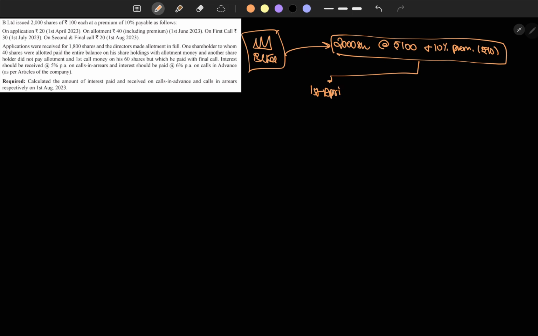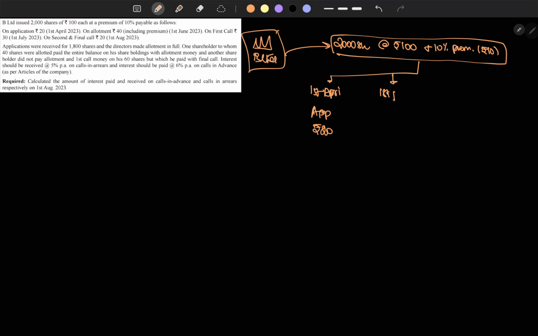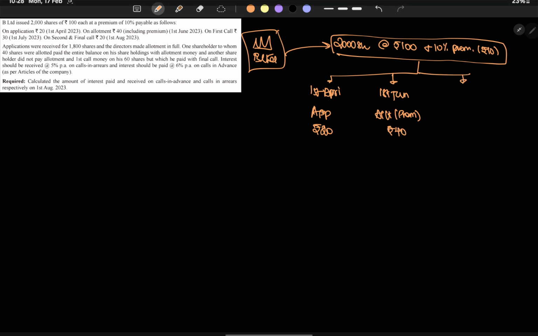On 1st April, application rupees 20. On 1st June, allotment including premium rupees 40. On 1st July, first call rupees 30.